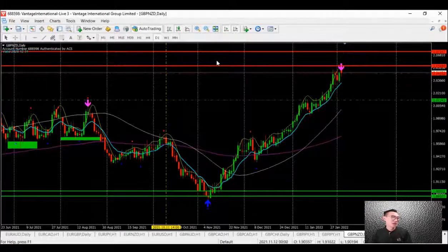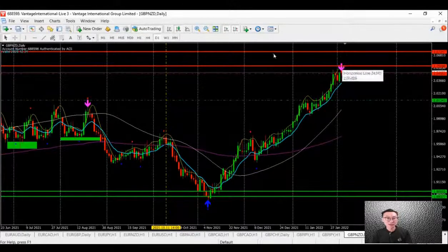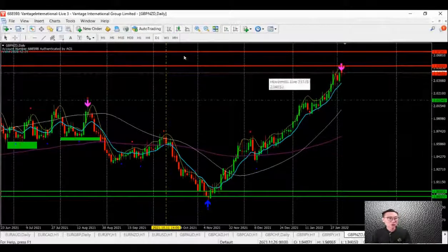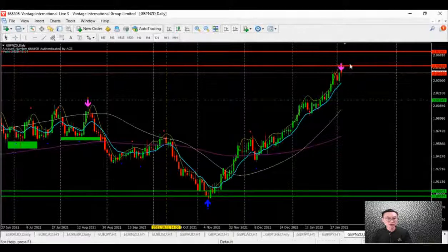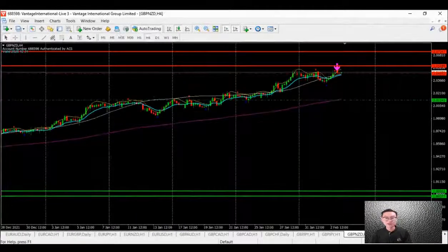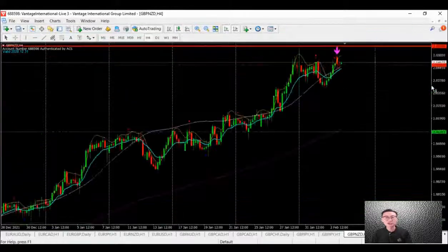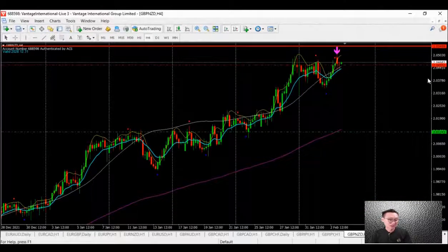So today in this bull run we have a retracement because it's entering into the bear zone, shown here. The bear is going to push down a little bit as a retracement. So today the pound kiwi is having a retracement in the bull market. That means to say it's going to sell down.